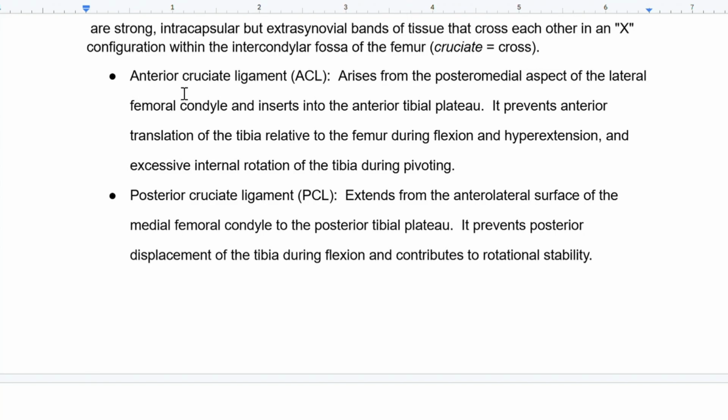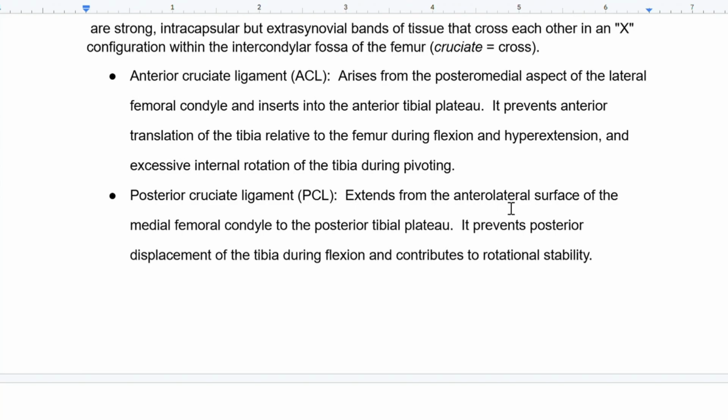So there is the anterior cruciate ligament, or ACL, which arises from the posteromedial aspect of the lateral femoral condyle and inserts into the anterior tibial plateau. It prevents anterior translation of the tibia relative to the femur during flexion and hyperextension, and excessive internal rotation of the tibia during pivoting. Then there's the posterior cruciate ligament, or PCL.